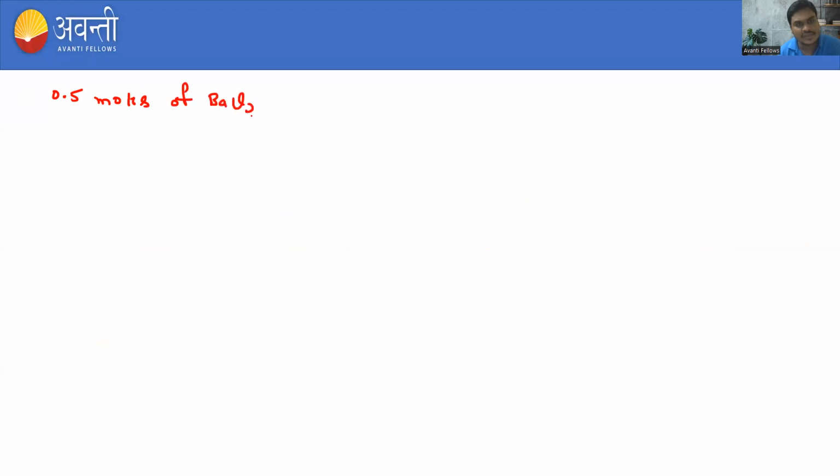So 0.5 moles of BaCl2 requires 2 by 3 into 0.5 mole of Na3PO4.